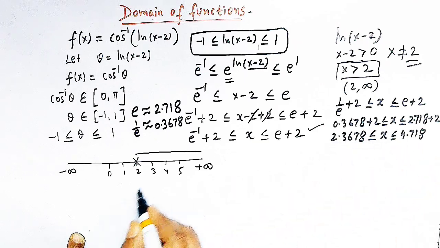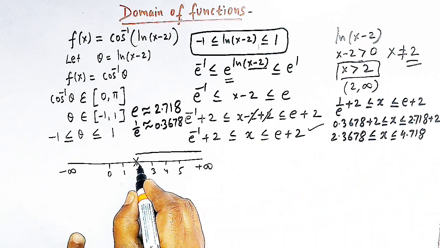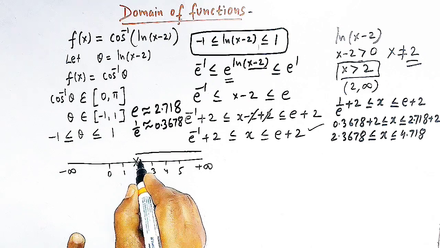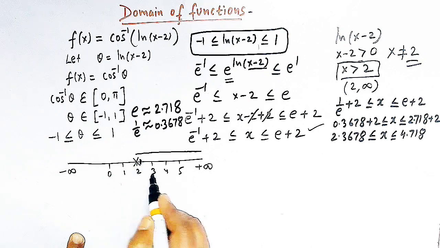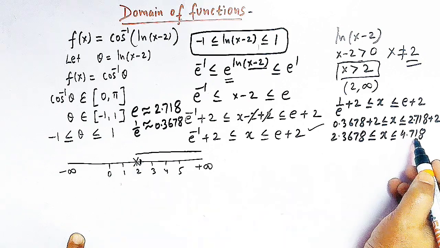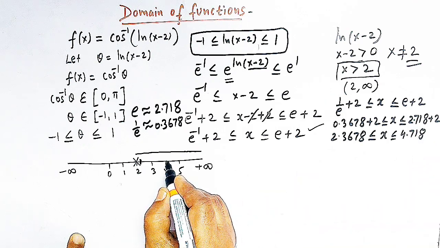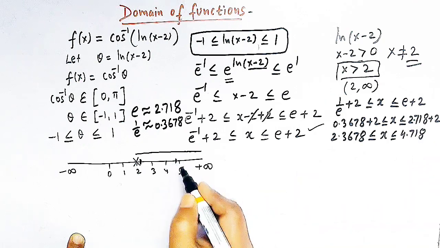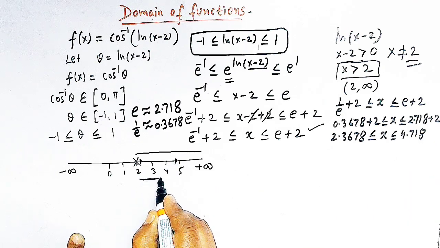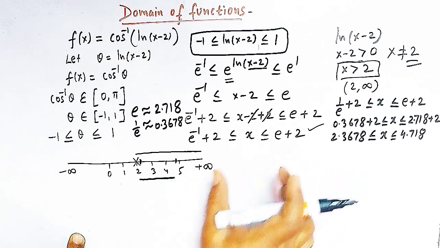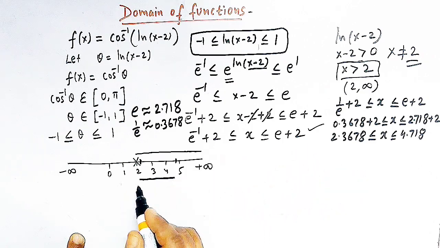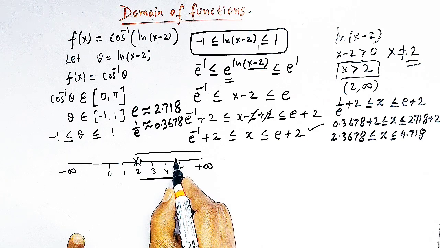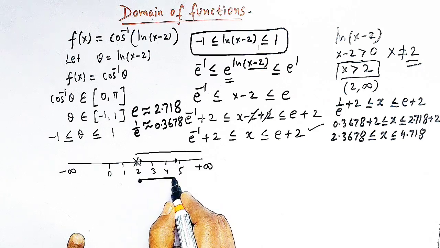So 2.3678 lies somewhere here, right, between 2 and 3. And this number 4.718 lies somewhere here. So this inequality can be represented like this, including both these points, right?